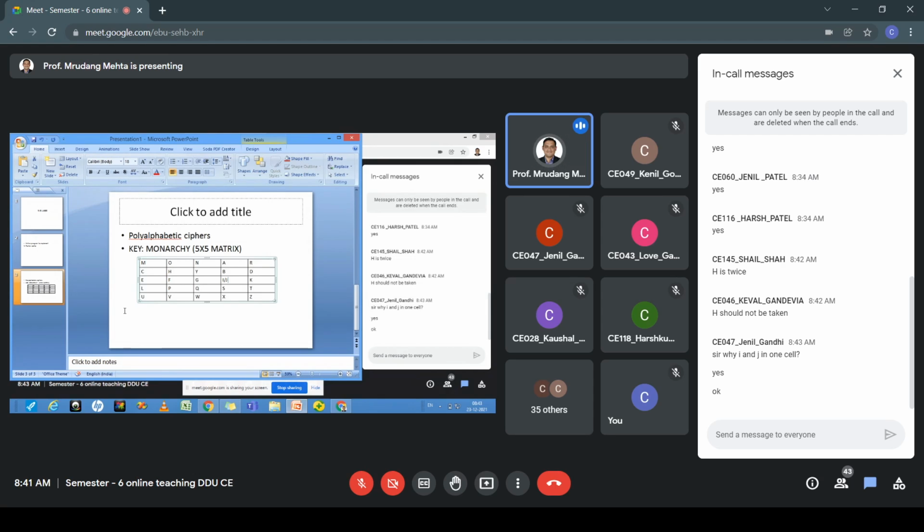Okay, now this key is taken for encryption purposes. We want to perform the encryption. So how will we perform the encryption?